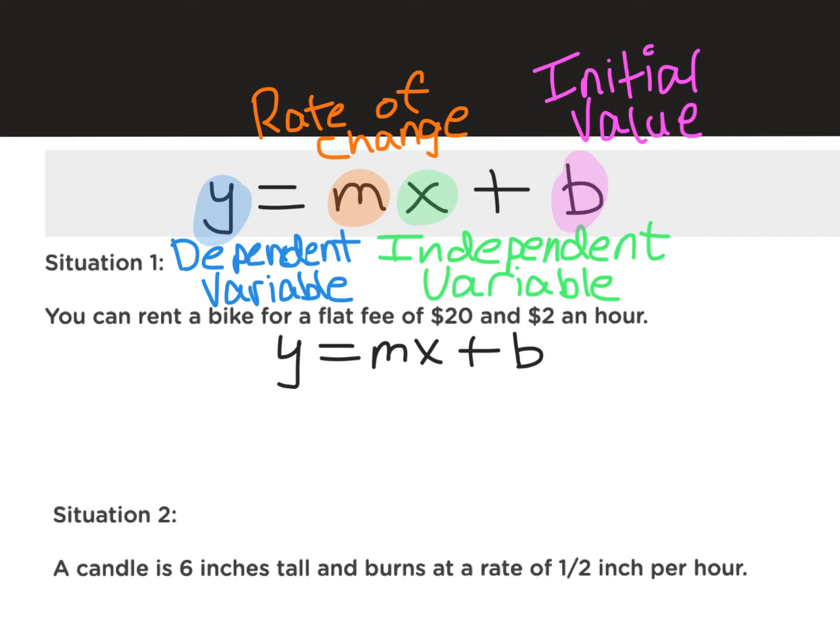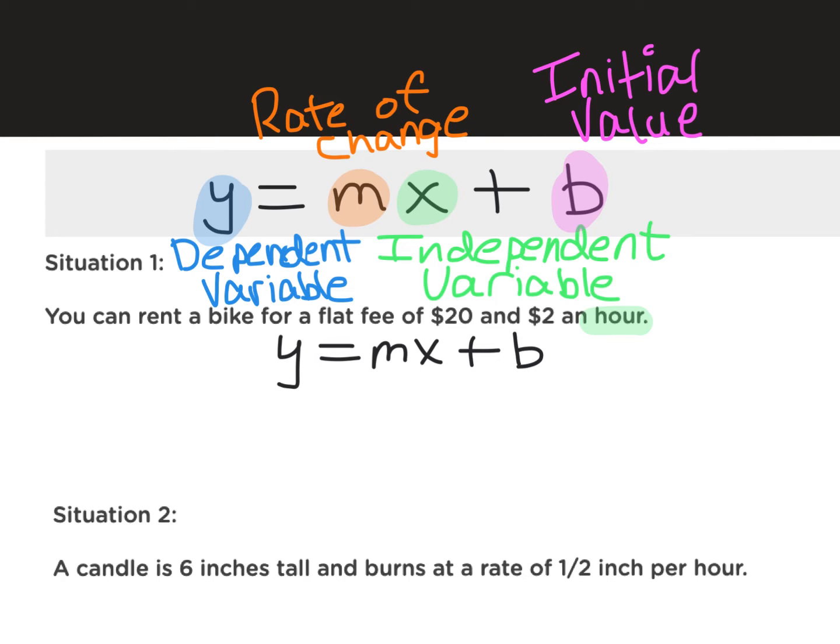So in this situation, it says that we can rent a bike for a flat fee of $20 and an additional $2 an hour. Now we know that that hour is going to be your independent variable because the only other thing that's being measured in the situation is dollars.